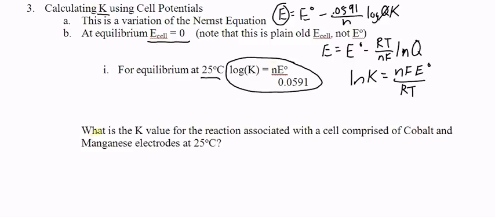And so if this were the case, it would have been instead natural log of K is equal to nF E naught over RT. And so if we're going to use this equation that I've got circled right here, we're going to put it to use on a question like, what is the K value for the reaction associated with a cell comprised of cobalt and manganese electrodes? And so that puts us in a position now of twofold. We need to take a look and see what our standard cell potential is going to be.